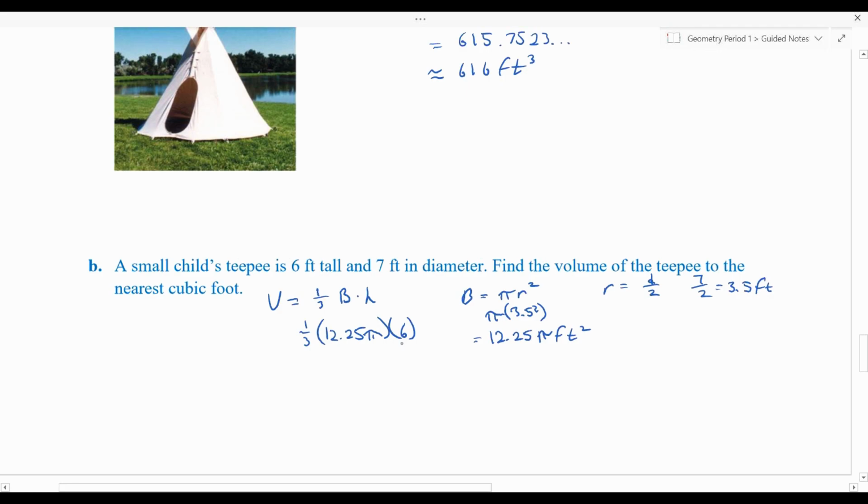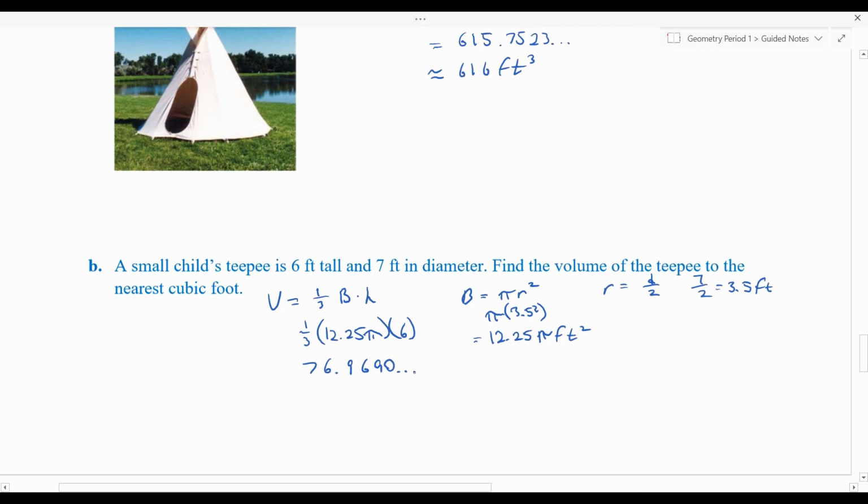When you do all those calculations, you get 76.9690, and it keeps on going.